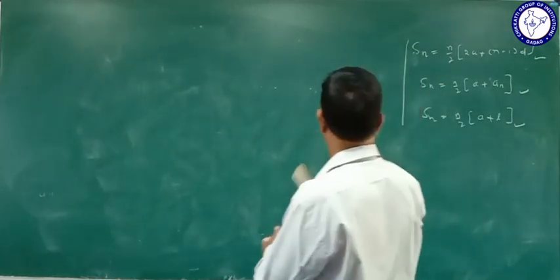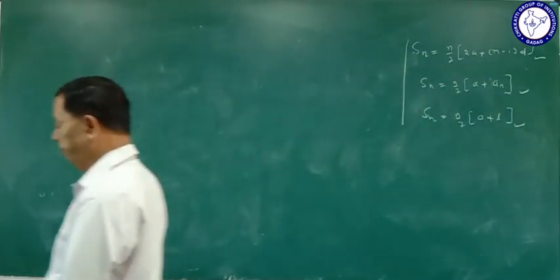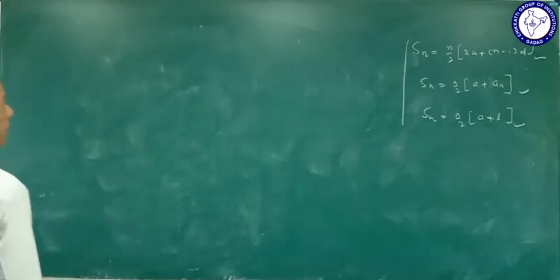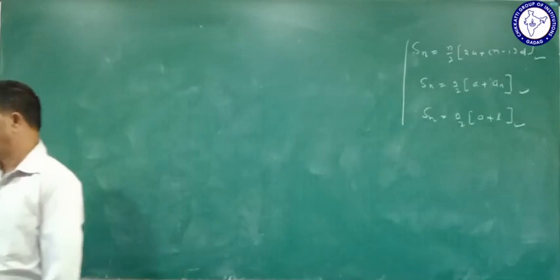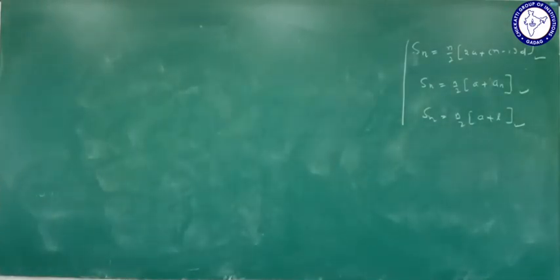Here I have explained how you get these three formulae to find the sum in an arithmetic progression. If there are only n terms, that l may be used, and that l is nothing but the last term in that progression.